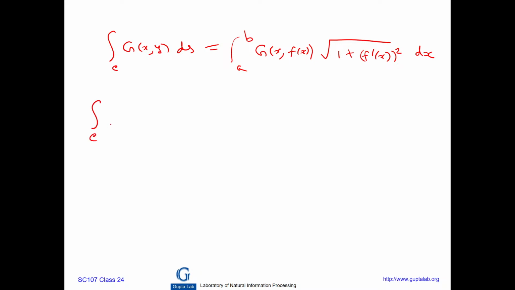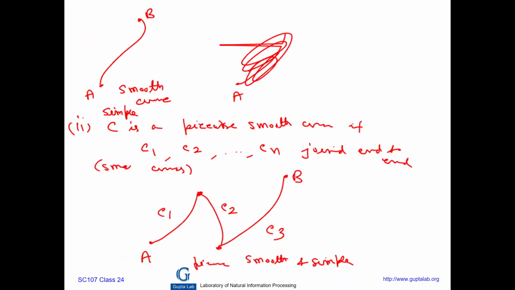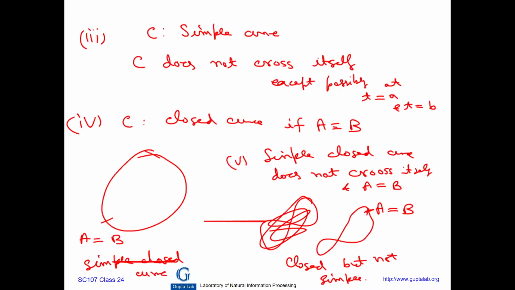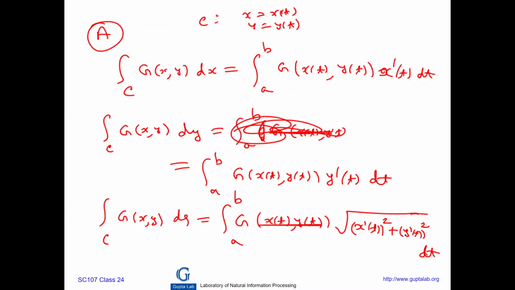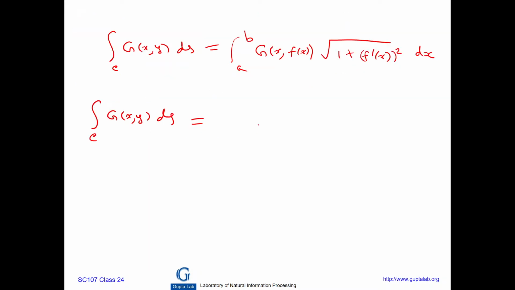integration along C g(x,y) ds. If C is a piecewise smooth curve, something like what I showed you, the path consists of several curves like C1, C2, C3, where each piece is a smooth curve, then this is nothing but the sum for each curve.